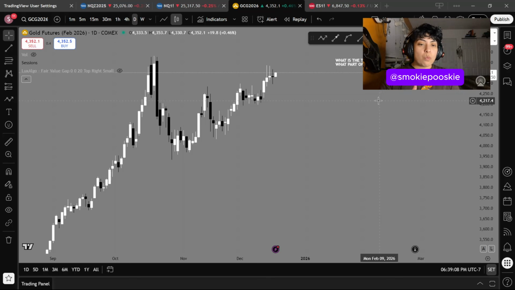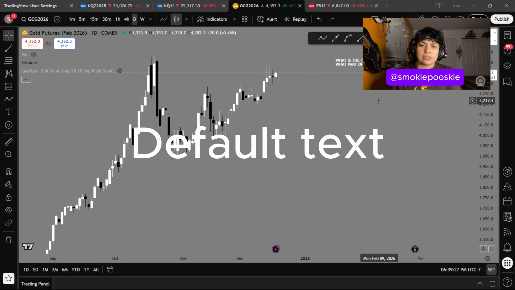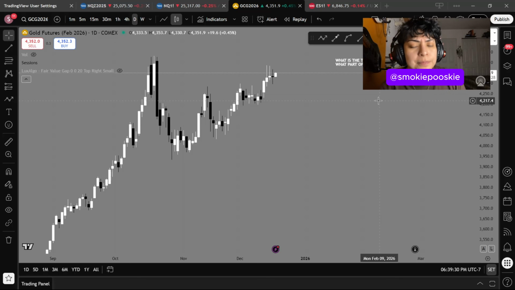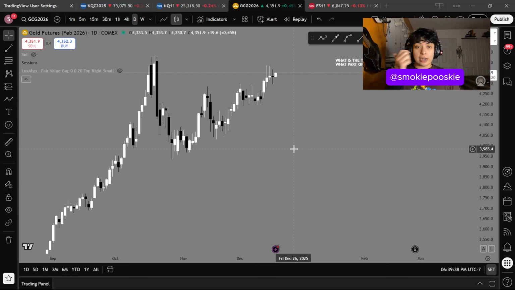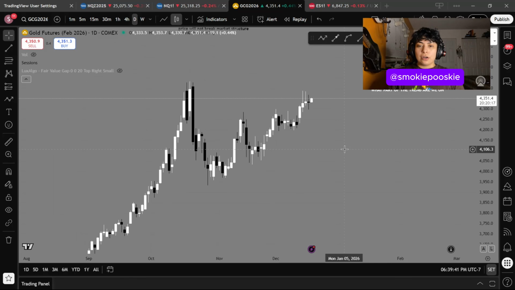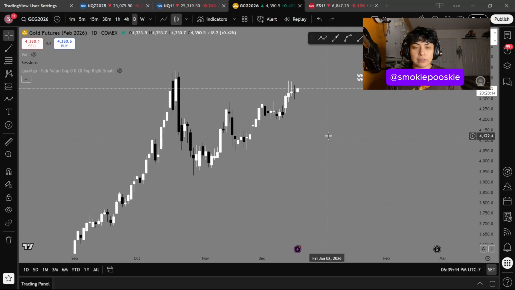So, yes, you want to know what the trend is and what part of the trend you're on, but as a scalper, you will sometimes trade against the trend. And it's good to know what trend you're on because that tells you what trend you're not. Let's say the daily time frame is saying we're on a bullish trend, and you're on the 5 minute or 1 minute trying to find a scalp, and you're taking a short.